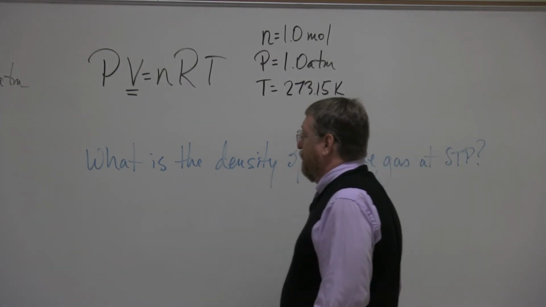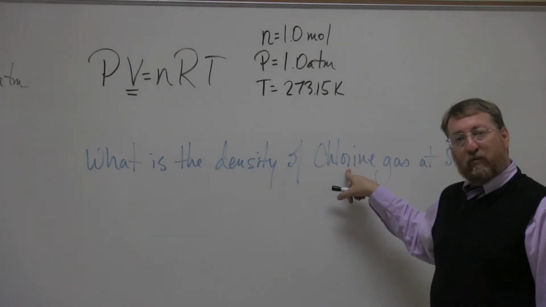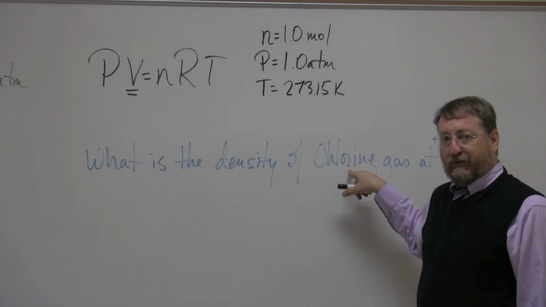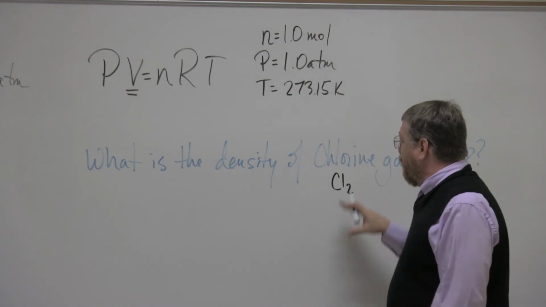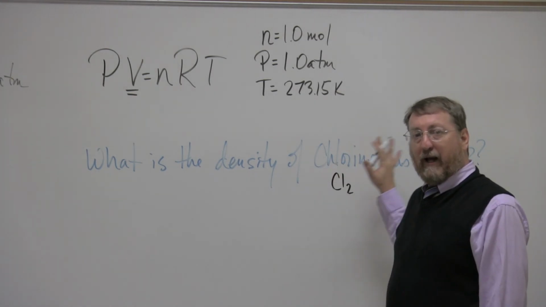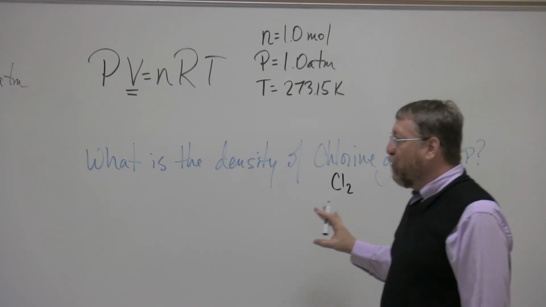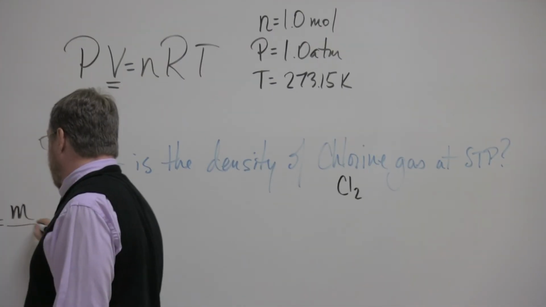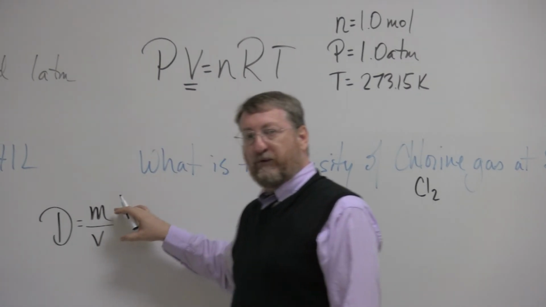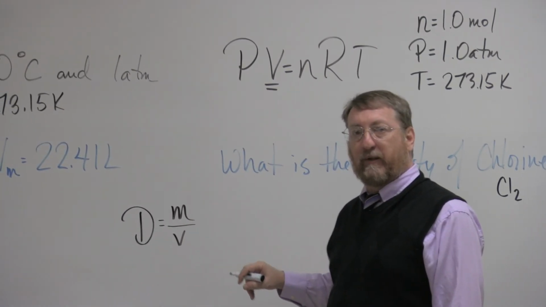Chlorine is one of the 7 diatomic elements, so we're really talking about Cl2 here. Now, if we think of 1 mole of chlorine at STP, we know that our formula for density, D equals M over V, is the standard formula, the ratio of the mass to the volume.